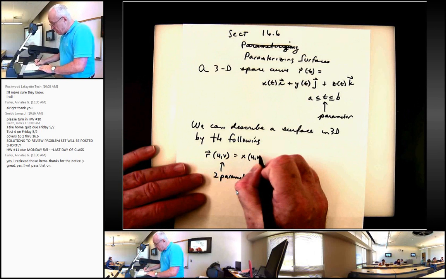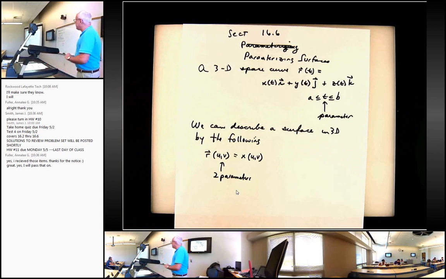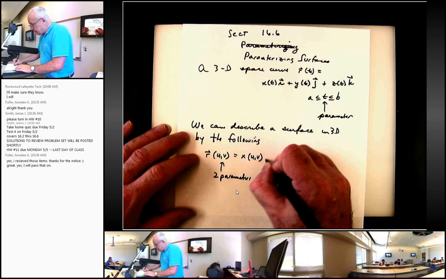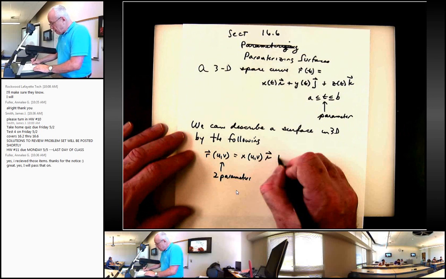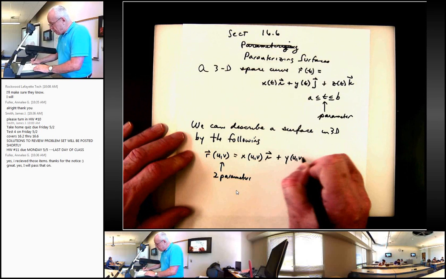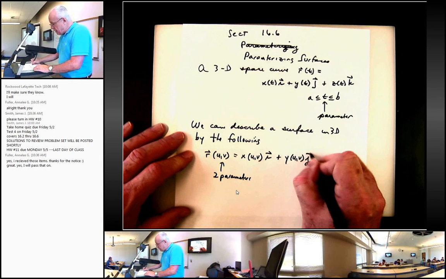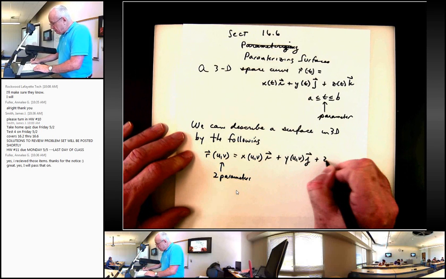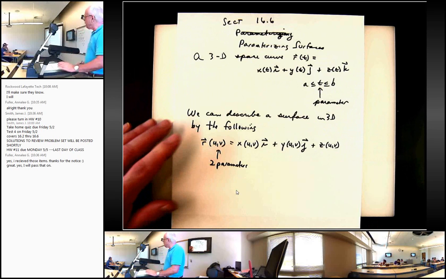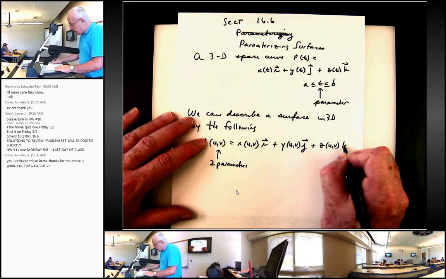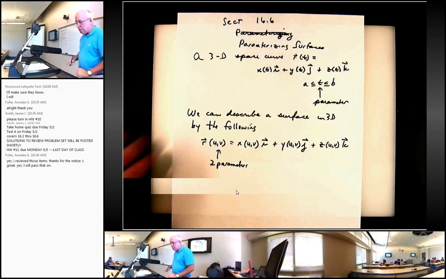The x component is some function x of u and v, times the i vector, plus a y component, another function of u and v, times the j vector, plus a z component, another function of u and v, times the k vector. Okay?